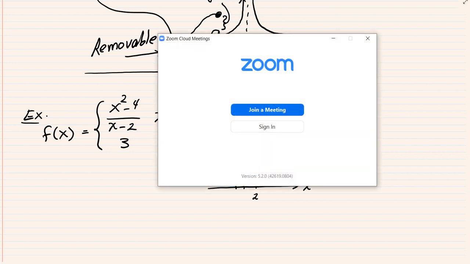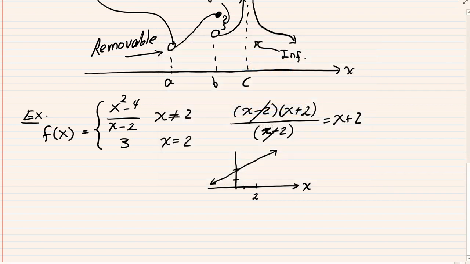But right in here, we have actually defined when x is 2, the value of the function to be 3. So for this one, that's going to be right about here. There you go. And that's where 3 is. So this is 2, that is 3. Okay.